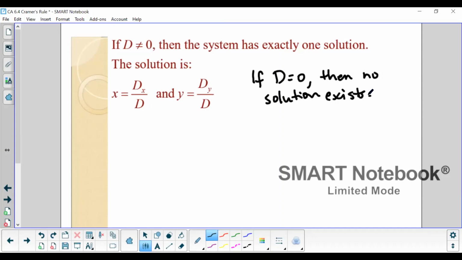So if you're trying to do these two little division problems right here, and D was 0, you wouldn't even be able to do it because it's undefined. If D does not equal 0, there's a solution. If D does equal 0, there's no solution. All right, and we're going to do an example problem of this.